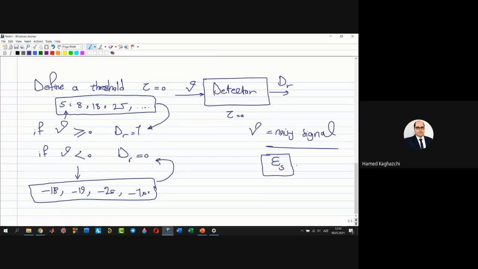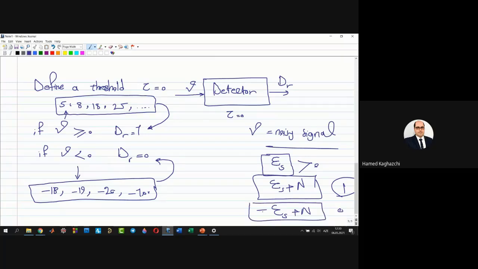If the energy of the signal is positive, all of the signals are accepted as 1. If my signal, my V, is negative, all of them are accepted as 0.